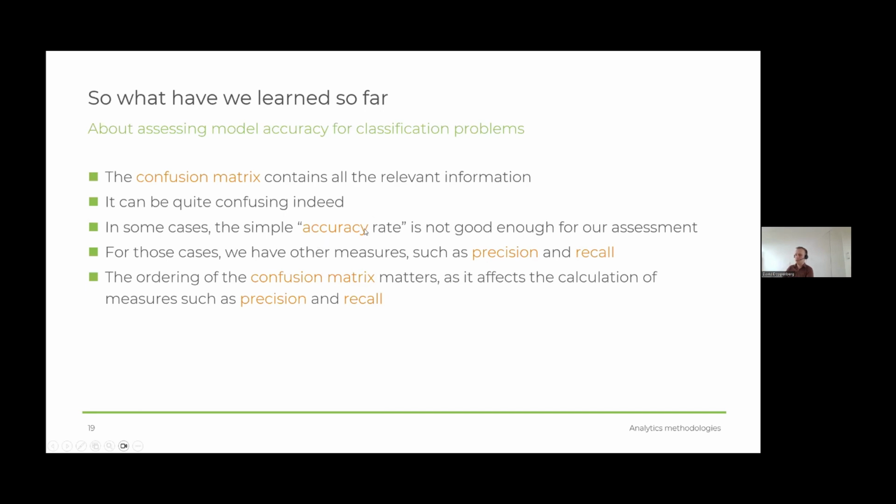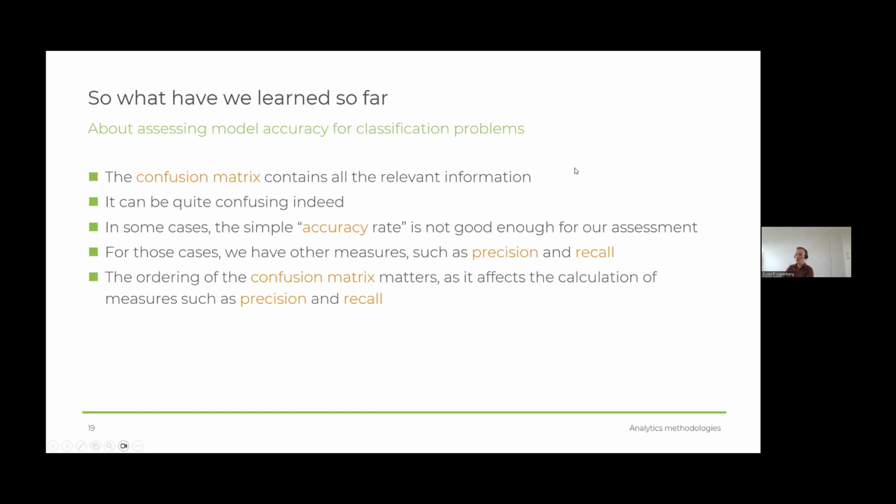But we have to note that accuracy alone is not good enough, because it can give a misleading result. Therefore, we also need to have a look at other measures like precision or recall. Very important here is that the ordering of the confusion matrix matters. And of course, that's again the bit about the labels. If you swap the labels, then the precision and recall KPIs will also swap. So that's important to note here.